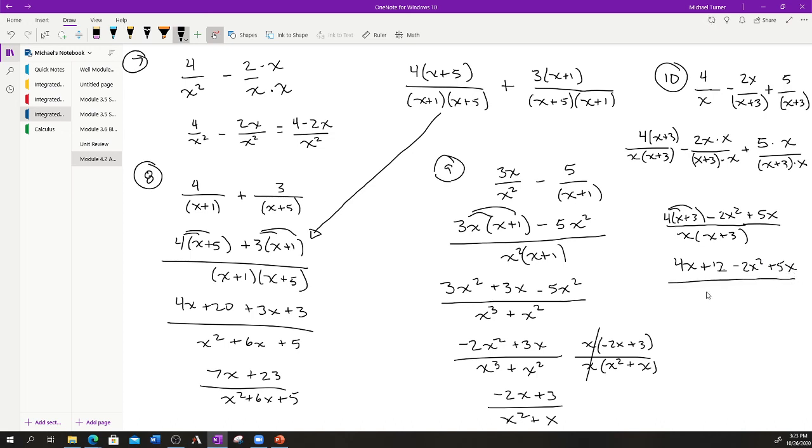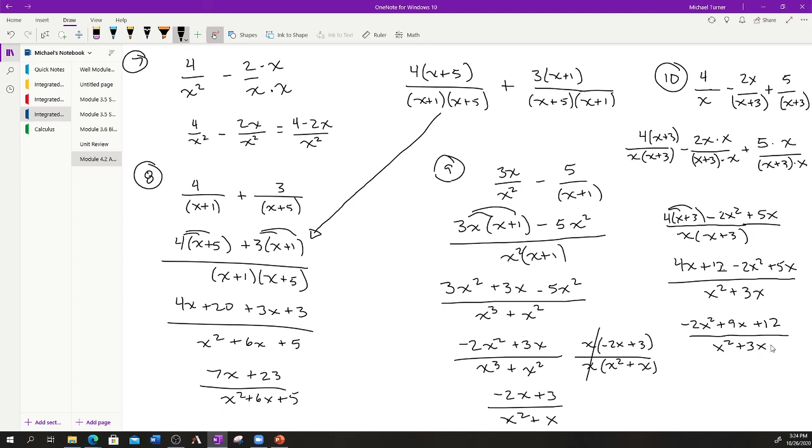Go ahead and distribute the x squared plus 3x. And then last, I'm going to combine like terms, 4x plus 5x, and I will put this in order. Negative 2x squared plus 9x plus 12 over x squared plus 3x.